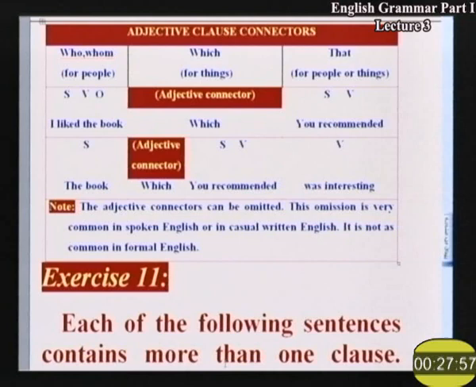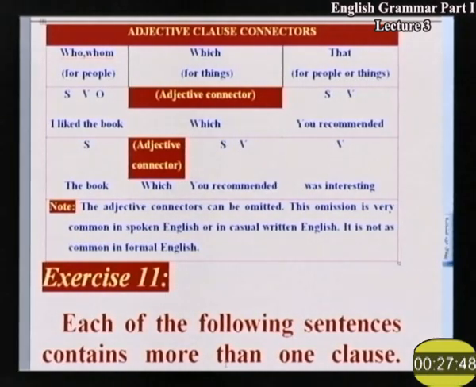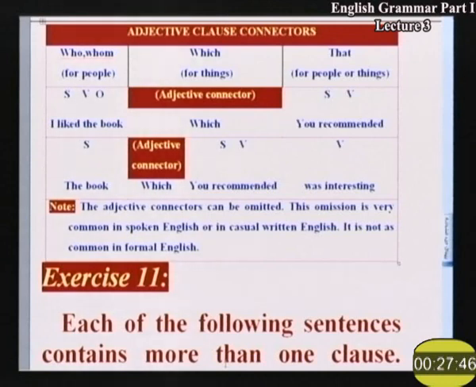What does casual written English mean? Casual means informal, not formal language, not writing with very exact grammar. It is not as common in formal English. When I am writing carefully and formally in terms of grammar, I do not omit the connector.